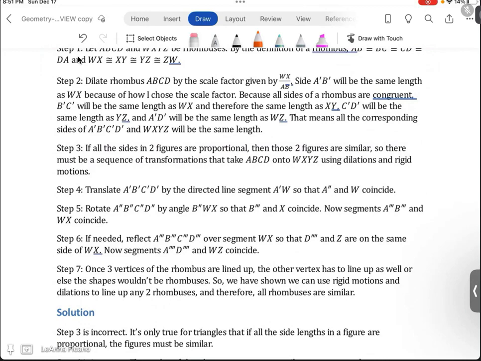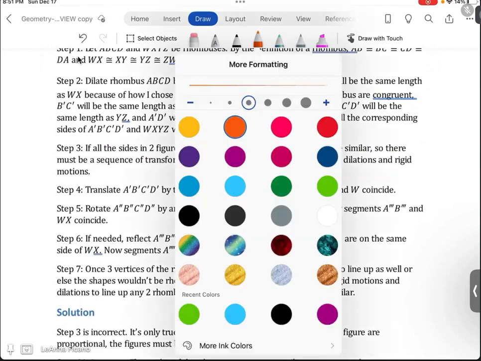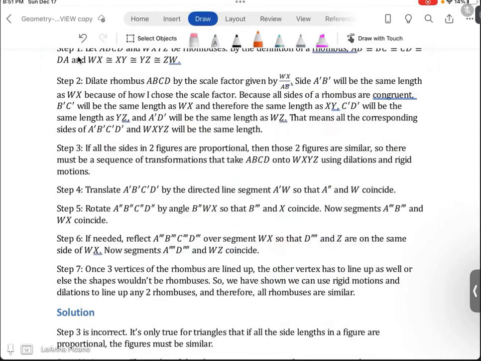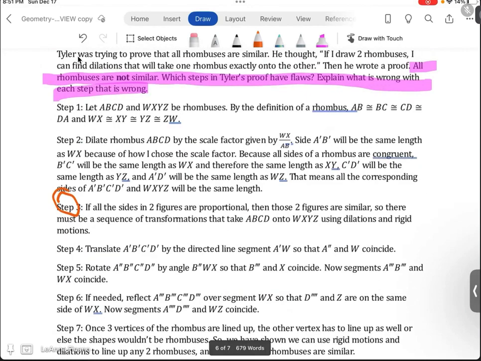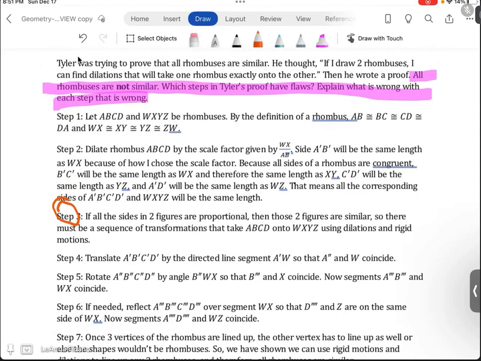That proportional relationship we know is true for similar triangles, but we also need to show that they have congruent angles. So step 3 is flawed, right? We're looking at which steps are flawed.